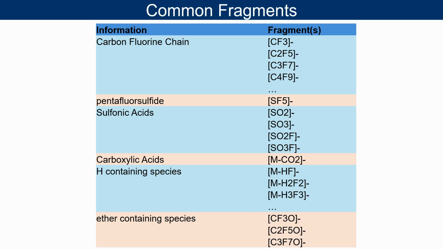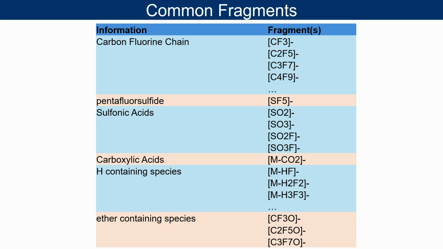Other common fragments are for PFAS, and this is by no means a comprehensive list, but giving you some common ones you might come across, are pentafluorosulfide, which is SF5 minus. Sulfonic acid, so like our PFAS and other PFSAs, SO2 minus, SO3 minus, SO2F minus, and SO3F minus are common fragments for those.